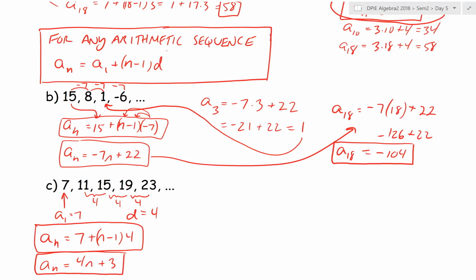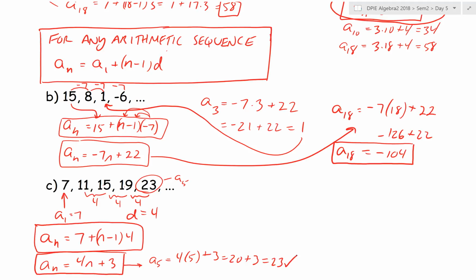So again, we can test it out. This is the 5th term, 1, 2, 3, 4, 5. So this is a sub 5. So let's see if our formula gives us a sub 5 correctly. So a sub 5, according to this formula here, would be 4 times 5 plus 3. So that is 20 plus 3, or 23.